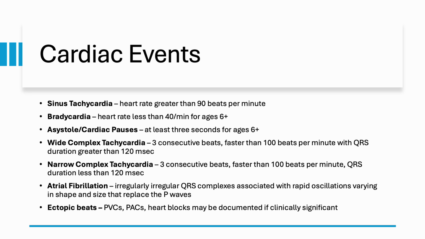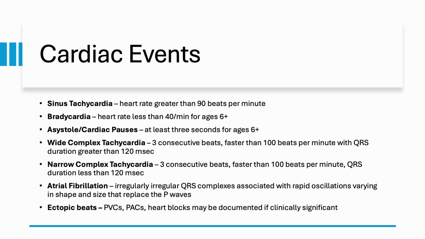Asystole, or a cardiac pause, is when there is no electrical signal coming from the heart for at least 3 seconds. Bradycardia is a heart rate less than 40 beats per minute for patients ages 6 and older. I've seen this a lot with really tall men or very athletic people.